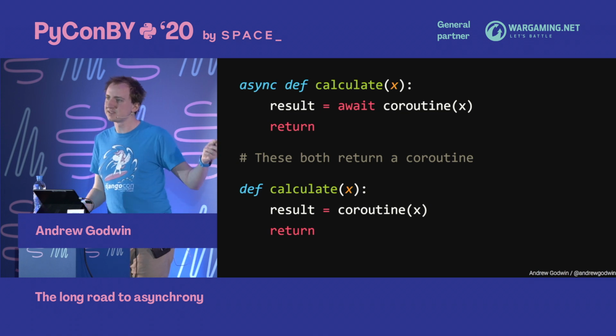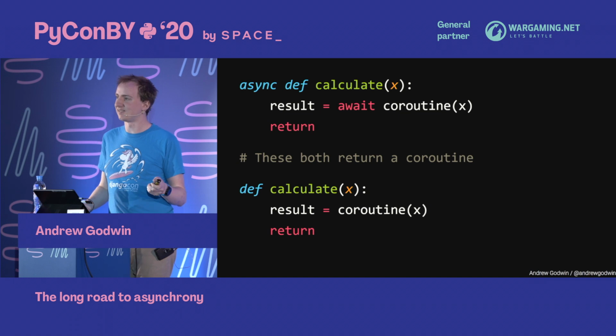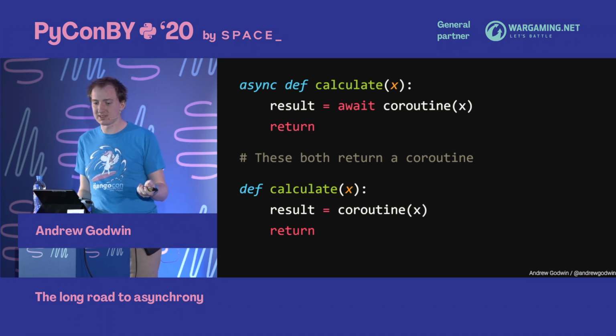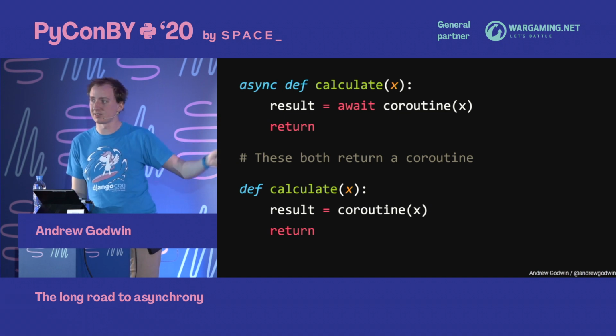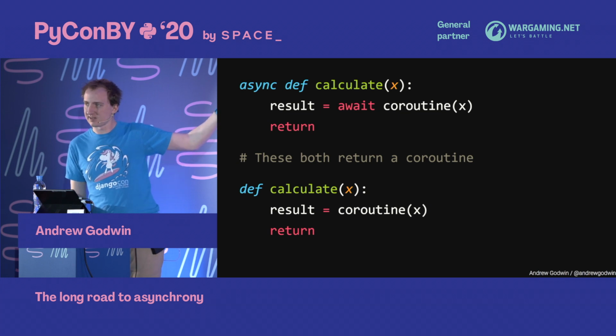And so even as a developer, I can't tell the difference here. There is no way to tell in Python these two things apart. There is a convention. There is a thing called asyncio.iscoroutinefunction. It will tell you if you see one of the first ones. It cannot tell you if you see one of the second ones. And so in a lot of Django, we have things like this.